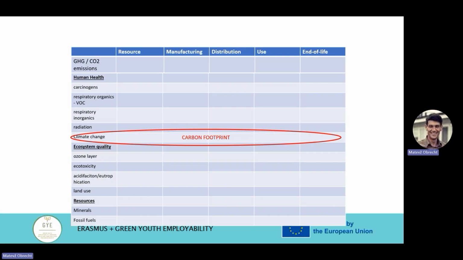However, it is sometimes hard to say whether one product or one company is more or less environmentally friendly if we only compare them by carbon footprint. Because we don't know how much water they spend, we don't know how much land they use, we don't know how much respiratory inorganics they leave, and we don't know anything about radiation, acidification, ecotoxicity, and so on.